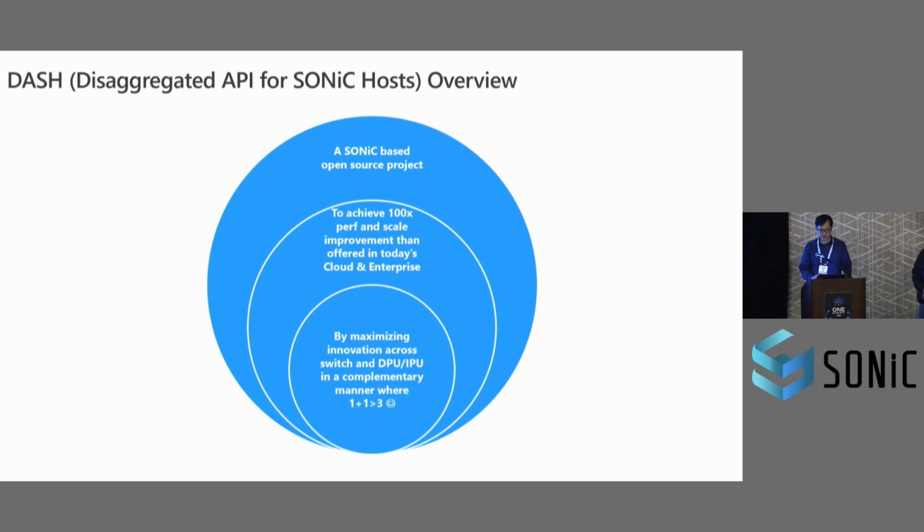In a nutshell, Dash has 3 key aspects. The first one is the standardization. As Liat presented, there is a controller, and we are trying to standardize the API facing that controller. The second part is the offloading. We are trying to offload the data processing workload from the CPU.